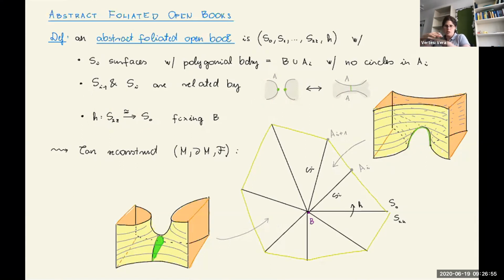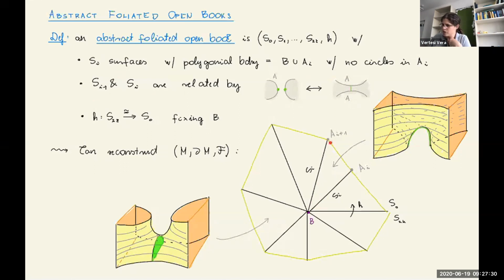You can define these cobordisms: for each of these surfaces which are related to each other, you can define a cobordism, which is just changing as a saddle in between. Everything else stays the same, and then you again collapse the binding after you glue with the map h the S0 and the S2K page. So this is a schematic picture. Each of these cake slices are cobordisms.